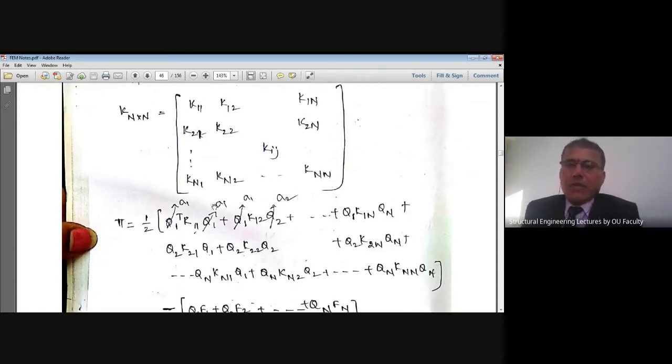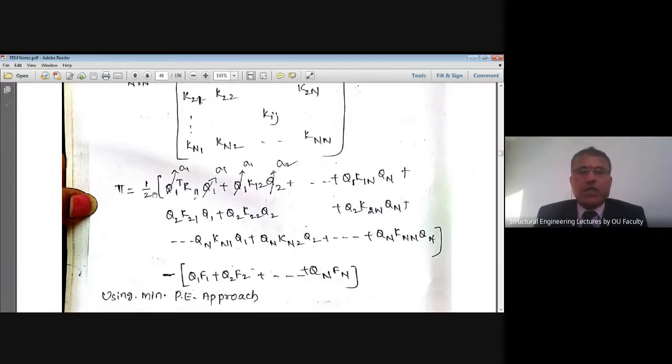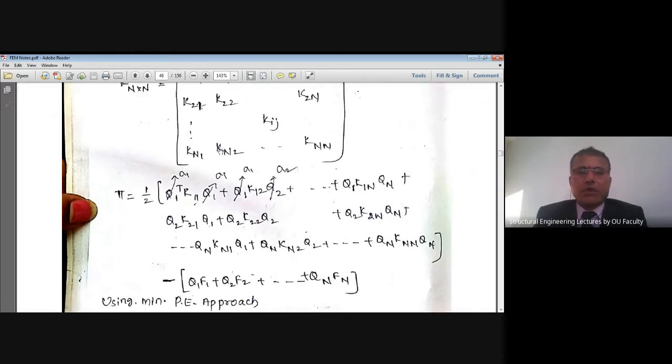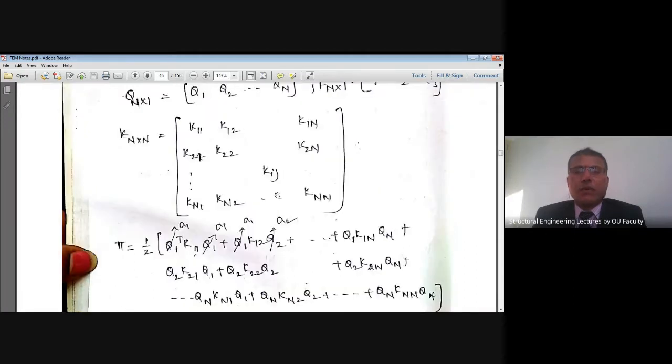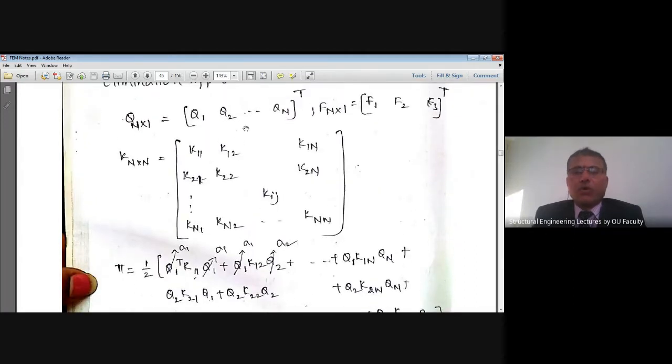Once I have these, I'll formulate the total potential energy, which is half Q transpose K Q. Expanding that, I have terms like half Q1 K11 Q1, Q1 K12 Q2, and so on up to Q1 K1n Qn.